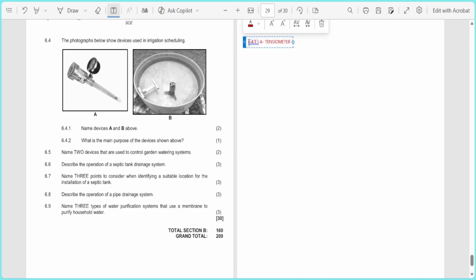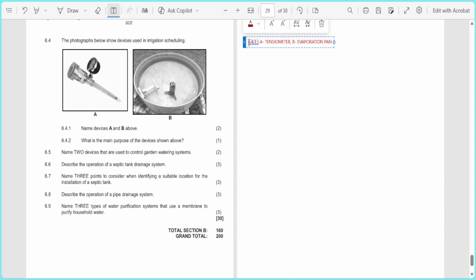And then the B component, what is that called? An evaporation pen.